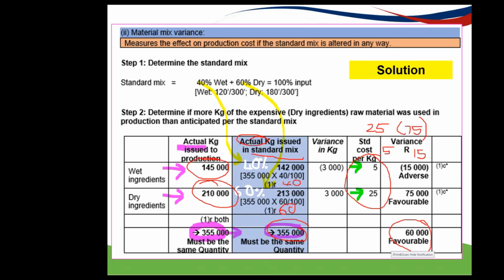So that's where the price comes in. So if this one was the more expensive one, then my overall variance would have been adverse 60,000. So you can't leave the cost out, but you do use the quantity to determine the variance, and then you use the standard cost to determine the total. And that combined total will tell me if my mix variance is favorable or adverse.